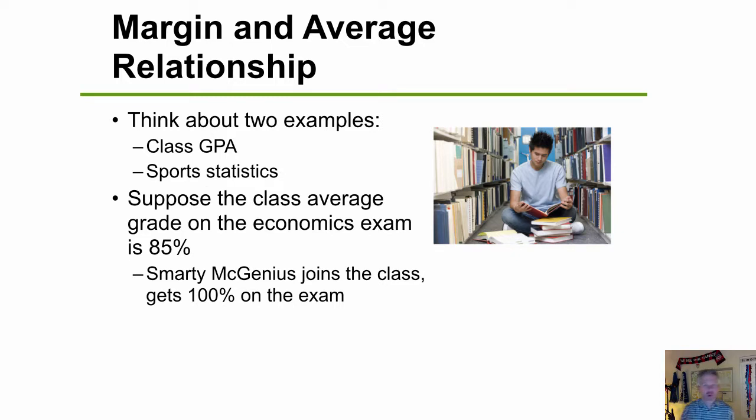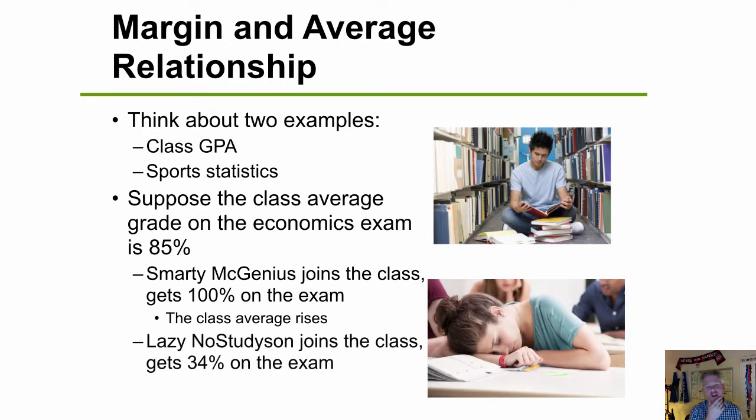So I added one more at the margin, and his marginal score was above the class average. What do you think that'll do to the class average? It'll increase it. If the value of the marginal thing you add, when we're increasing Big Macs or when I add this guy to the class, is above the average for the class, then it pulls it up. So the average is always chasing the margin.